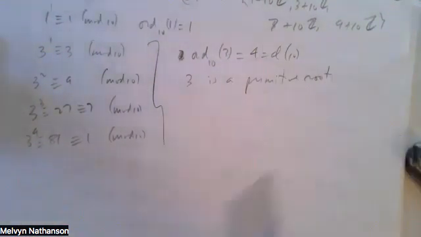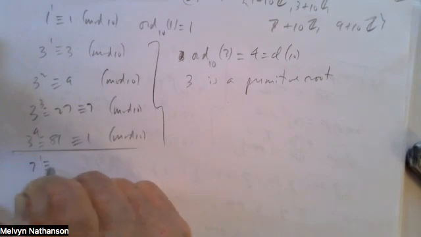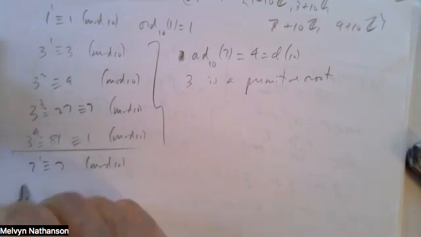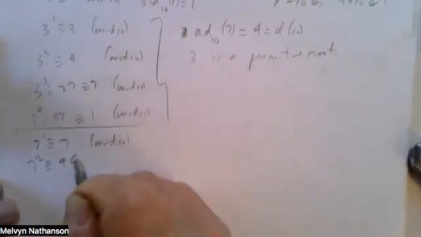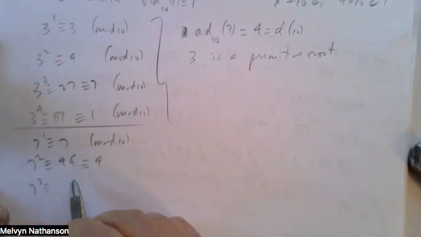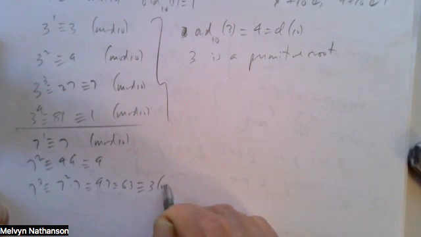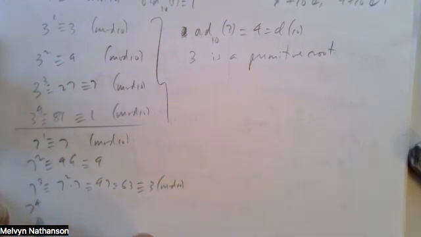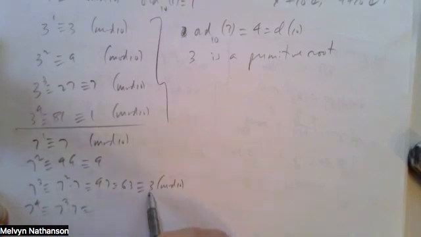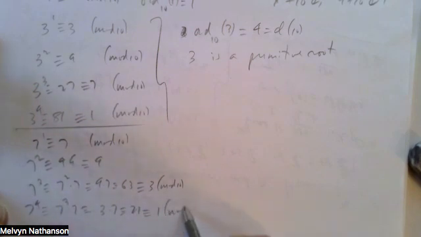Let's compute the orders of 7 and 9, because it's always kind of fun. 7 to the 1st power is congruent to 7 mod 10. 7 squared is 49, congruent to 9 mod 10. 7 cubed is 7 squared times 7, which is 9 times 7, which is 63, congruent to 3 mod 10. 7 to the 4th power is 7 cubed times 7, that's 3 times 7, which is 21, congruent to 1 mod 10.